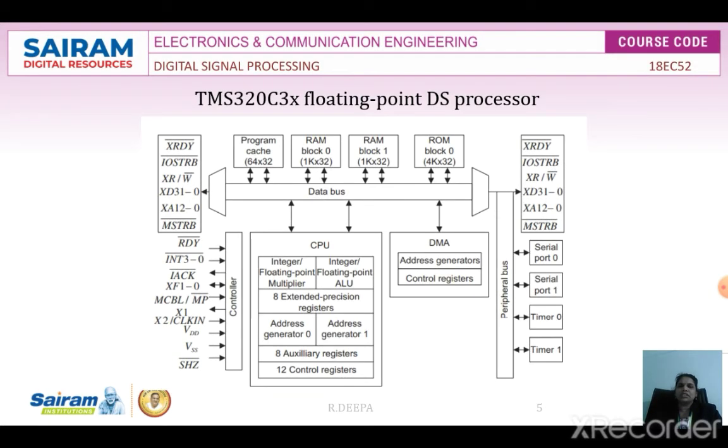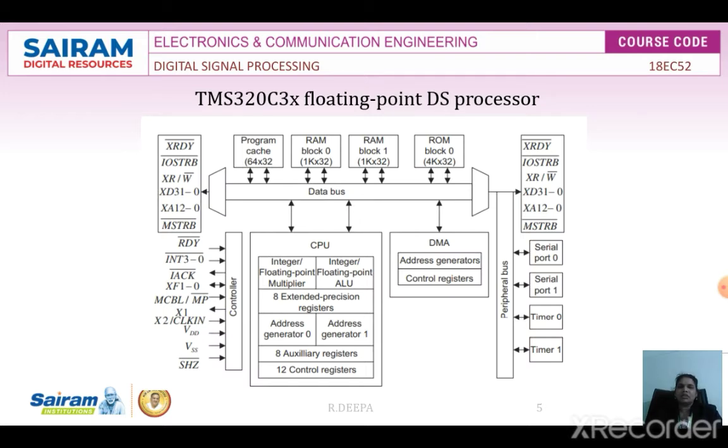So next, we are learning about the architecture of the floating point digital signal processor, which is the TMS320C3X processor. So as you are observing in the block diagram, it has got the central processing unit, CPU, and the direct memory address generator, which is the address generator, and the control registers will be available here.